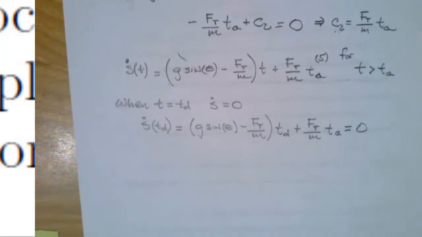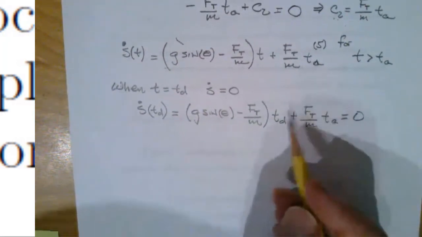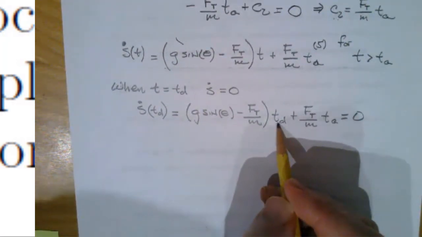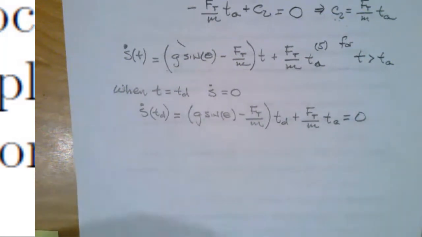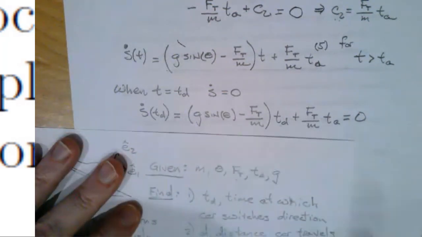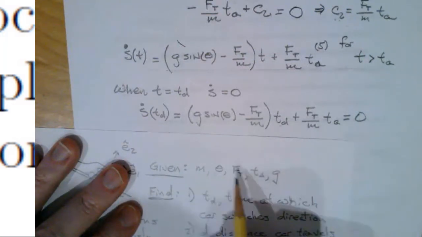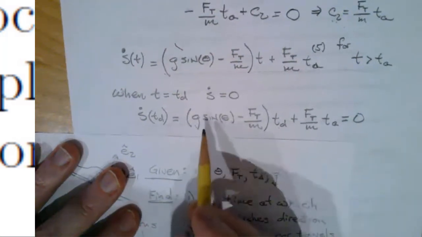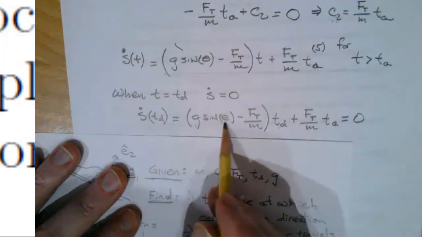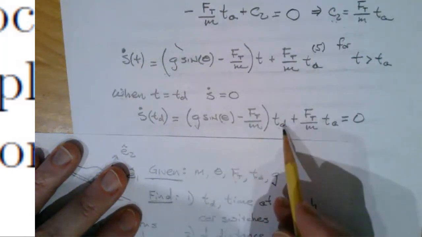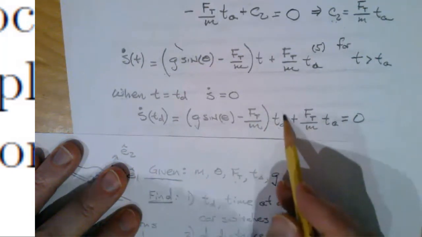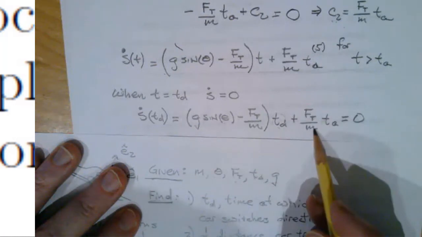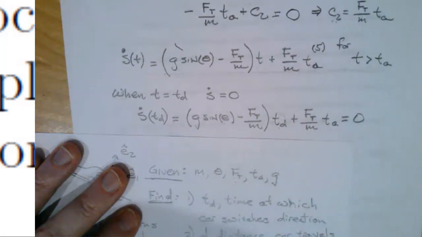Again, what I want to do is find what TD is. Look at this expression. This is an expression where TD is the only unknown, right? Here are my givens again. I'm given M, theta, Ft, Ta, G. G is known, sine theta is known, Ft is known, M is known, TD is what I want to find out. Ta is known.